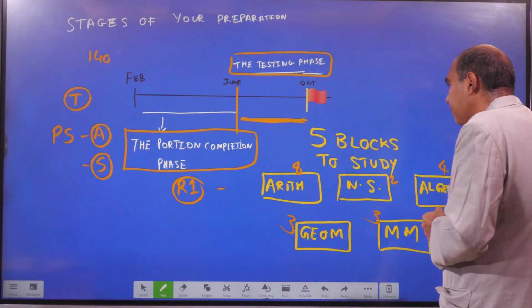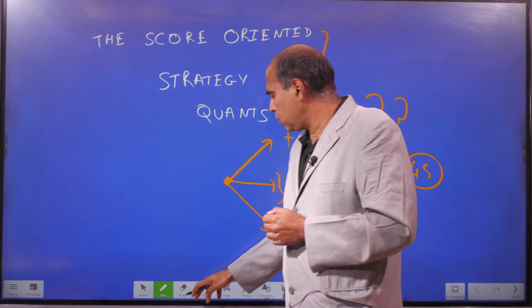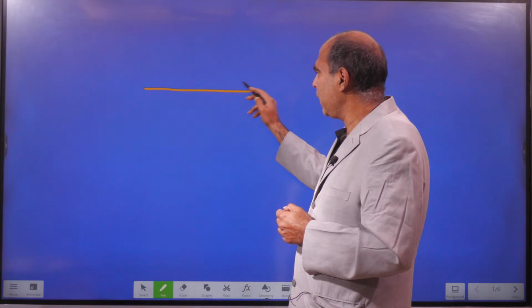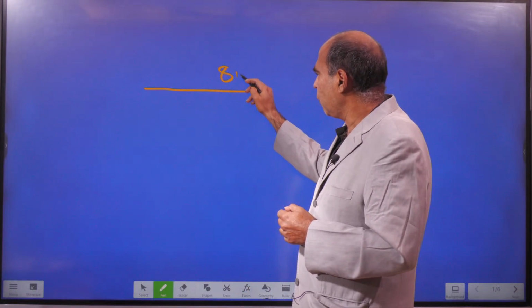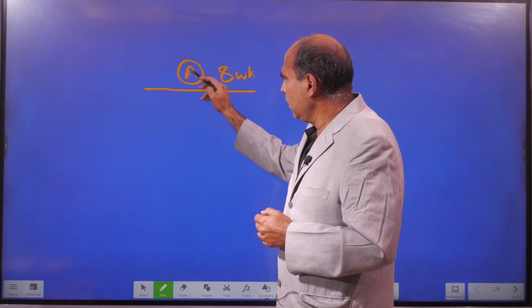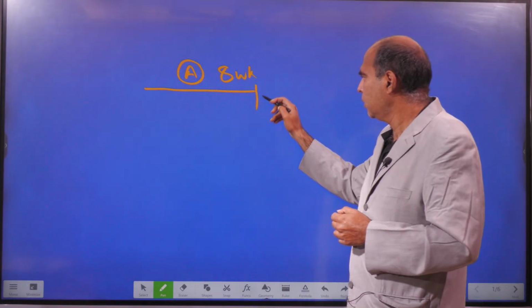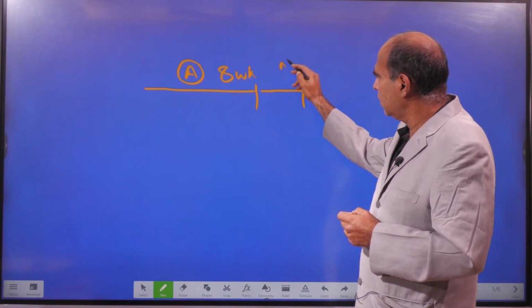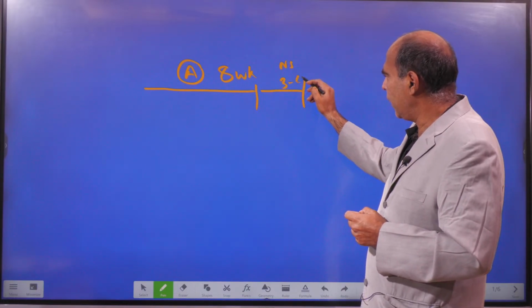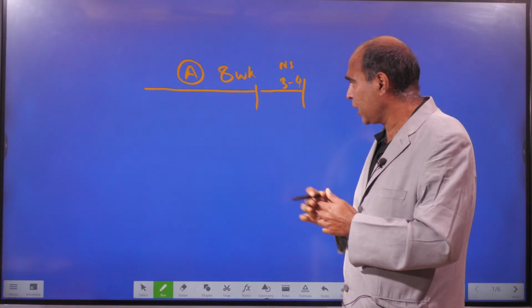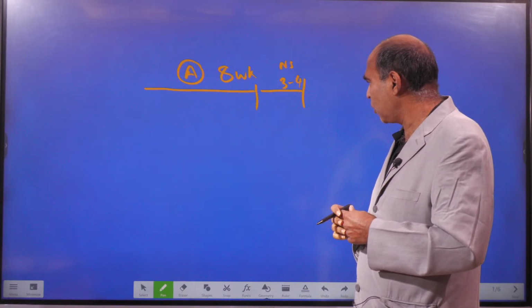So a sample structure could be: you take an 8-week time period for your arithmetic, 8 chapters, and then a 3 to 4 week time period for number systems, which includes number systems and progressions, for that second block.